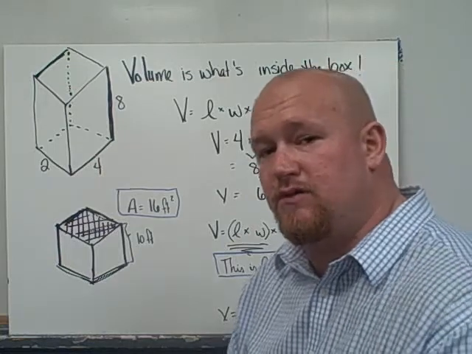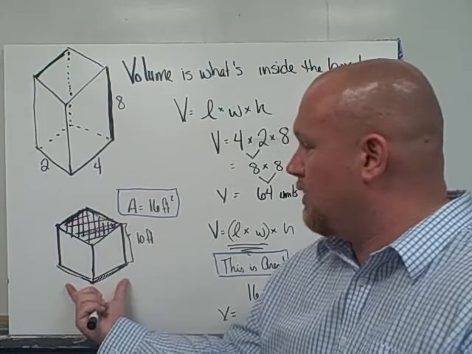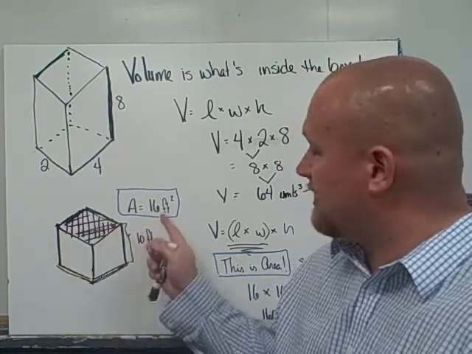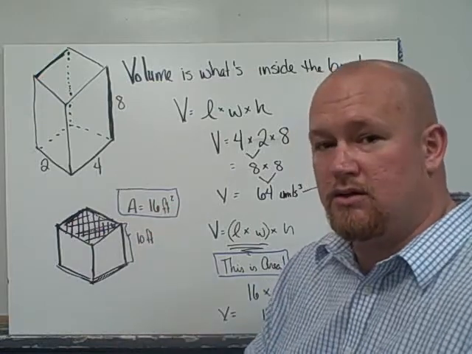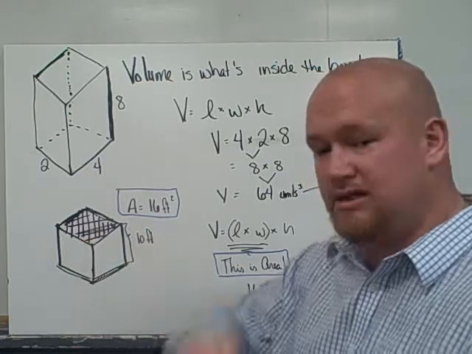You might also see volume problems where you're given the surface area. For example, in this cube, or this rectangular prism, the surface area of the lid is 16 feet squared. They've already done the length times width part. They've said length times width is 16 feet squared.